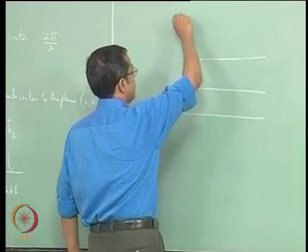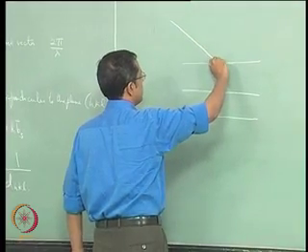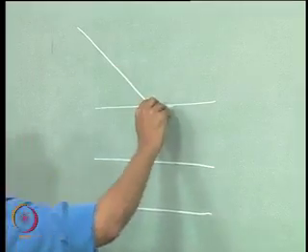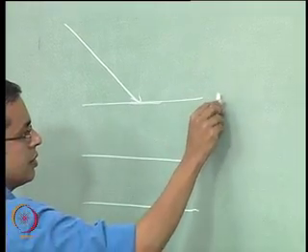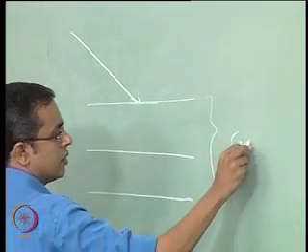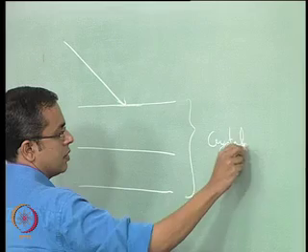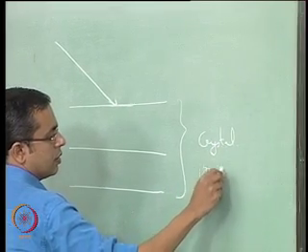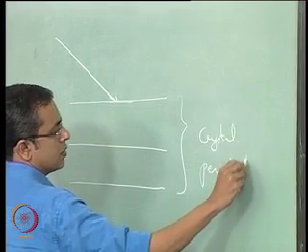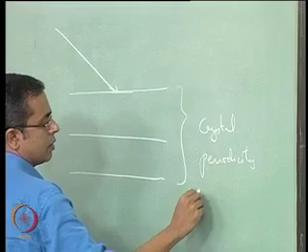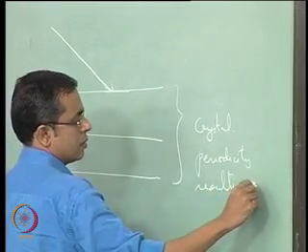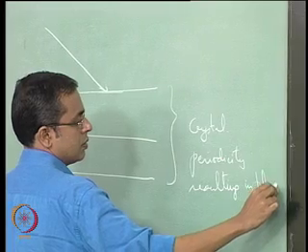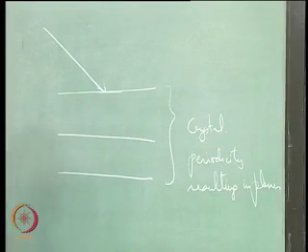We will take an incident beam. This is a periodic structure, so this is the crystal structure. The crystal periodicity permits us to define these planes.